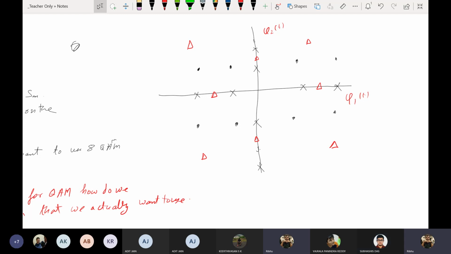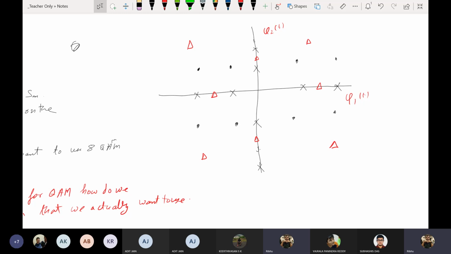All these 3 constellations have exactly 4 exterior points. So the minimum distance is the maximum in the triangular one, because the constellation is larger.